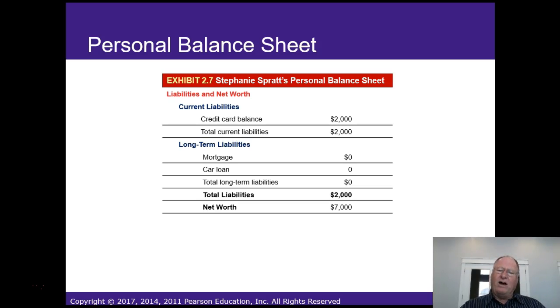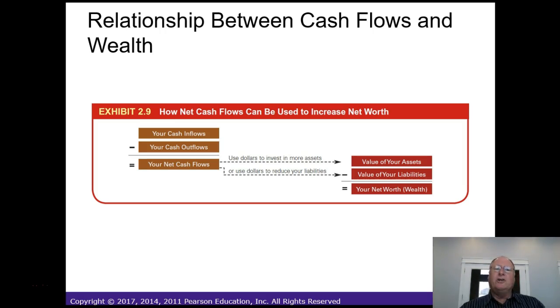That's why it's important to understand the concept of cash flow and how cash flows affect the balance sheet. When cash flow is positive, when your inflows exceed your outflows, you can use those dollars to invest in more assets, hopefully assets that will increase in value over time.